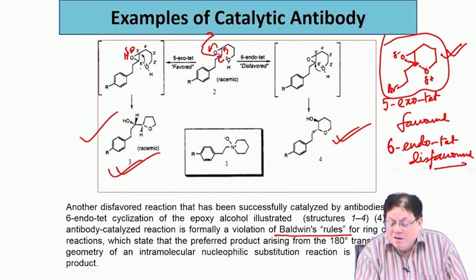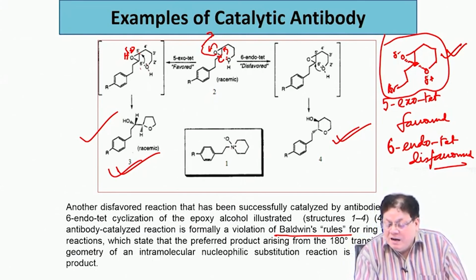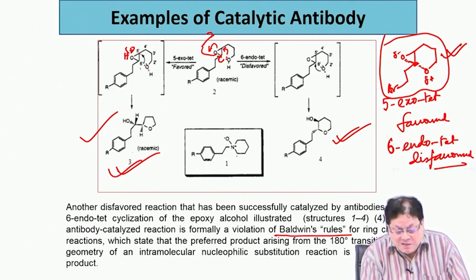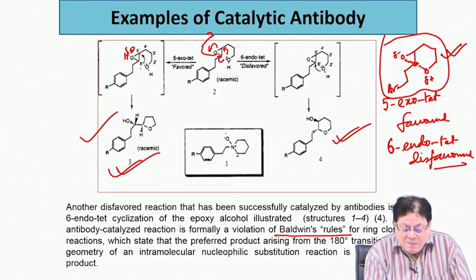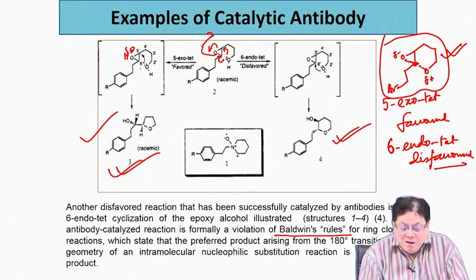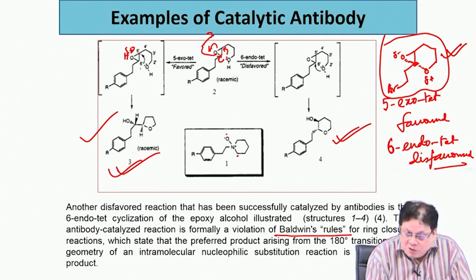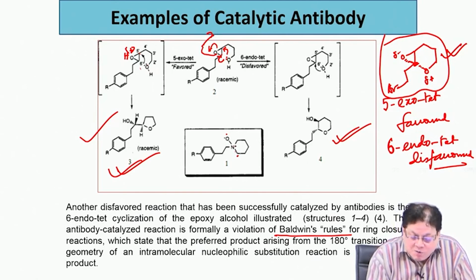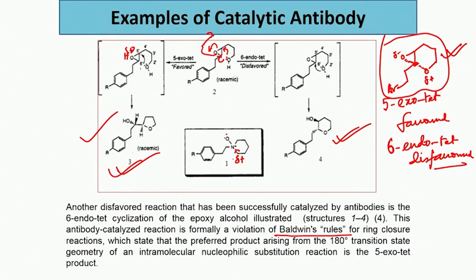But what you needed is a delta plus center at the next carbon, that means here you want a delta plus and here you want a minus. Now, because this nitrogen is a positively charged N-oxide, via inductive effect this will generate a delta plus at this position.